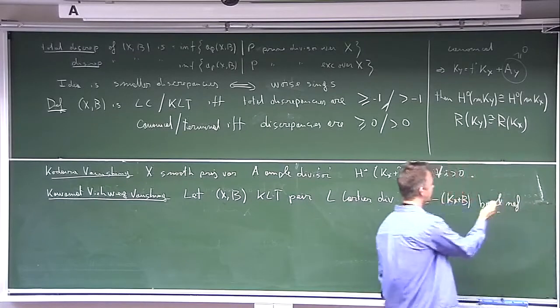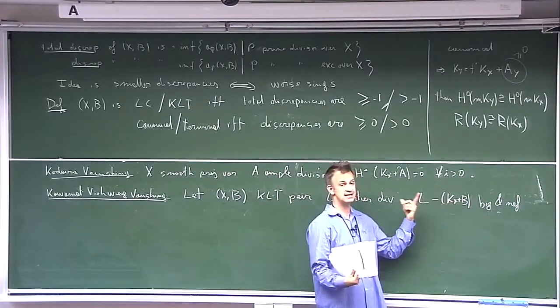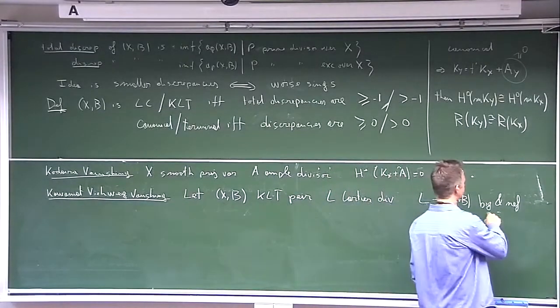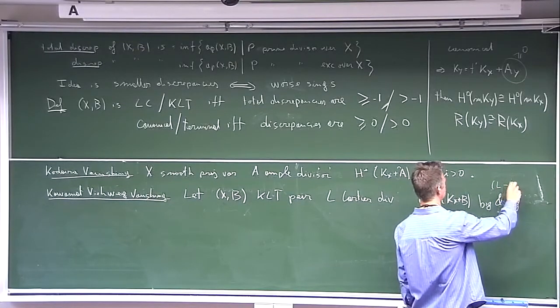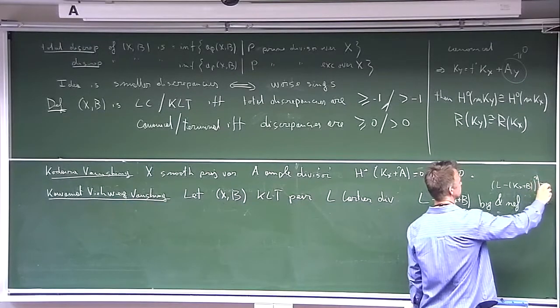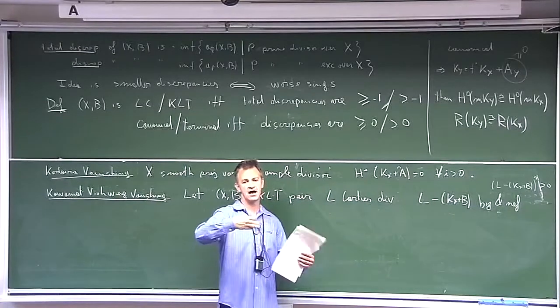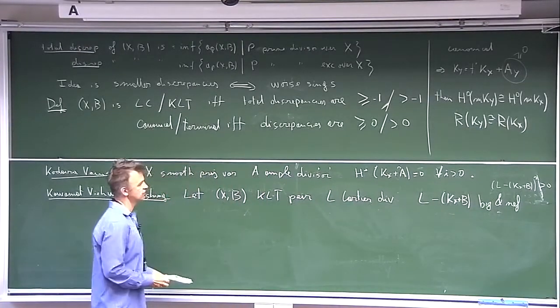I've already defined both of these concepts, but let me remind you. Nef means that it intersects any curve non-negatively. And big, you can think of it as just saying that the top self-intersection of L minus (K_X plus B) is positive. It has positive volume, this divisor. Multiples of that divisor have many, many sections. OK, so you're in this situation.